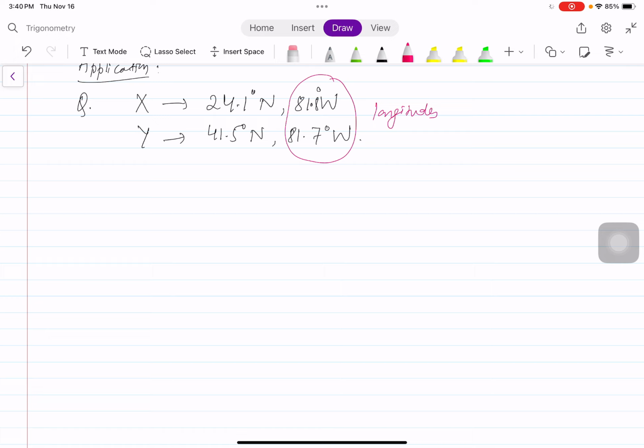For this we will require the radius of earth. The radius of earth in miles is 3,960 miles, whereas in kilometers it is 6,400 kilometers.